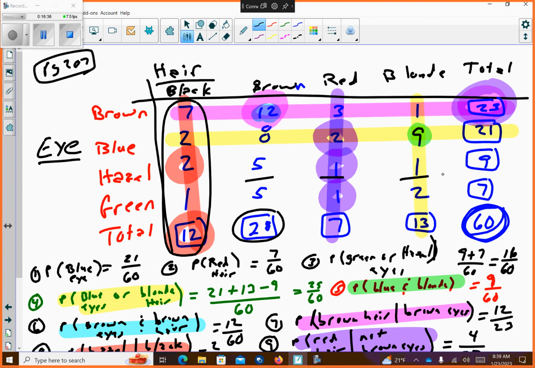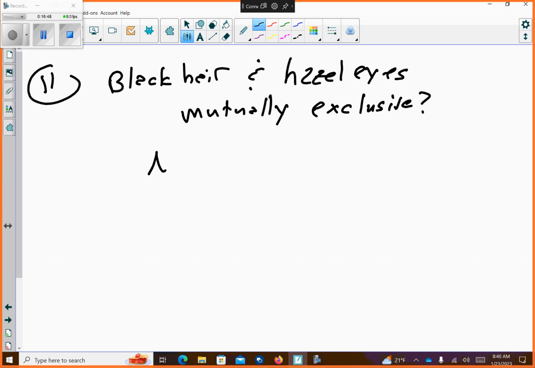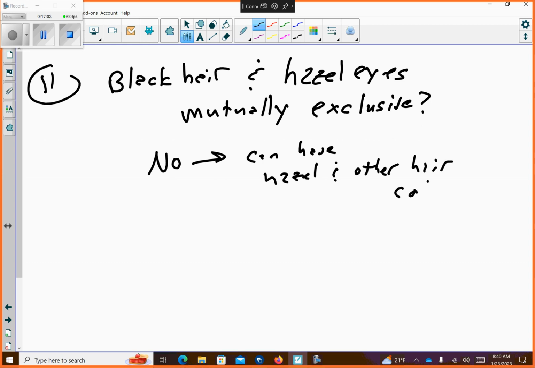No. Because a person can have hazel eyes and they can have brown hair. People in our group can have red hair and hazel eyes. They can have hazel eyes and blonde hair as well. So they are not mutually exclusive. No. A person can have hazel eyes and other hair colors.